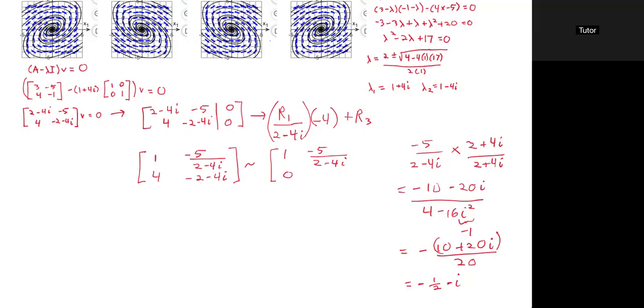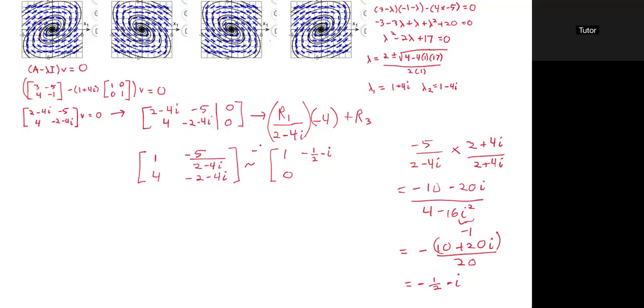So -1/2 minus i is equal to this entry over here. So we can replace this entry by -1/2 minus i. So now our multiplication becomes a lot simpler.